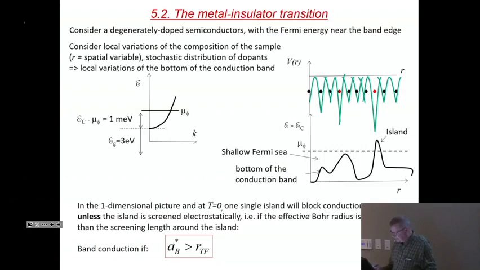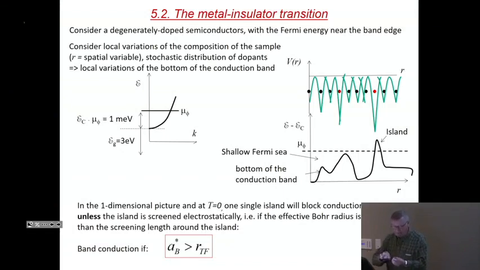So let me explain this. If the effective Bohr radius is larger than the screening length around the island, so the physical dimension of this island is actually the Thomas Fermi screening length, the electron can simply wave over it. But if it's not, the electron will be stuck by this unit. In 1D it's a very simple argument.